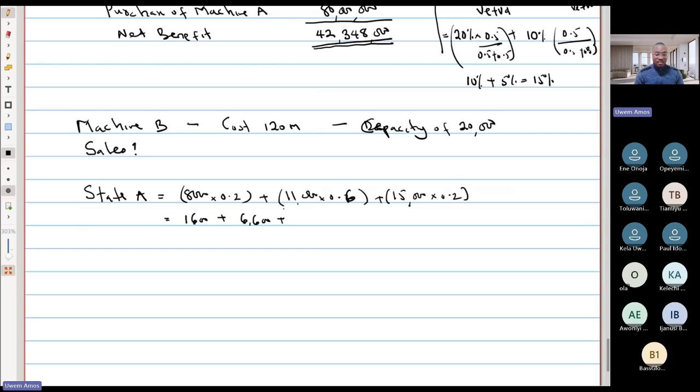So 15,000 multiplied by 0.2 gives us 3,000. So 1,600 plus 6,600 plus 3,000 is 11,200.